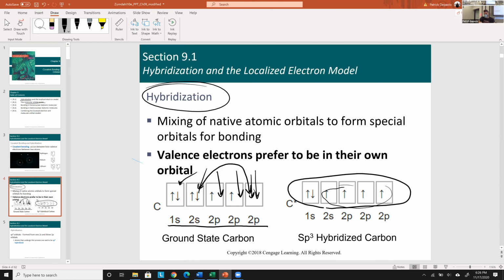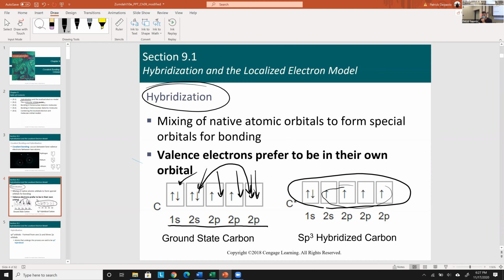Hybridized just means a combination of the 2. Now, normally 2s is a little bit less energy than 2p. If you remember that energy diagram, it's a little bit less. But once carbon is ready to take its 4 bonds, once the 2s electron jumps to the 3rd box of the 2p, then they become exactly the same energy level, and they're identical.